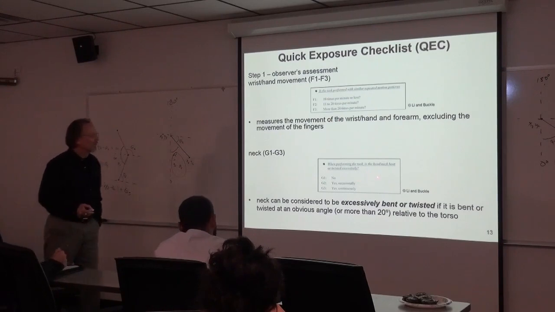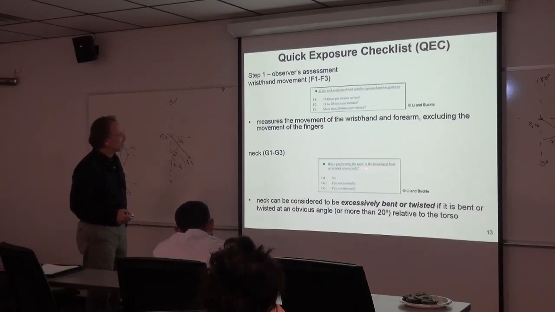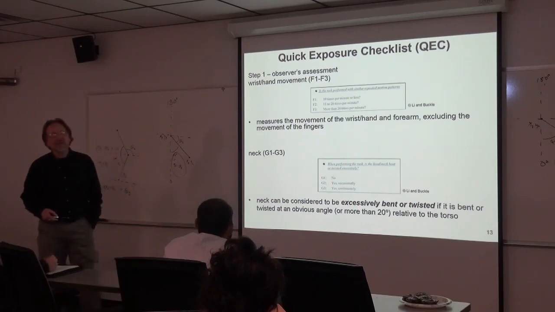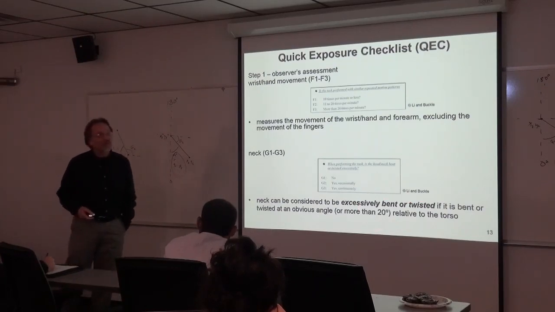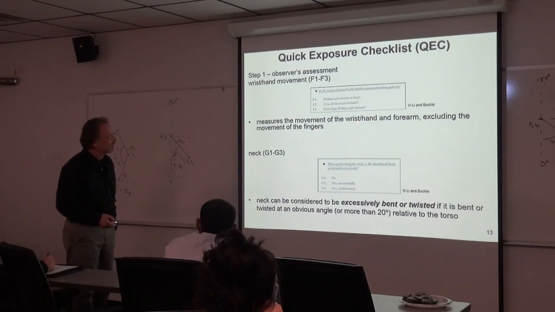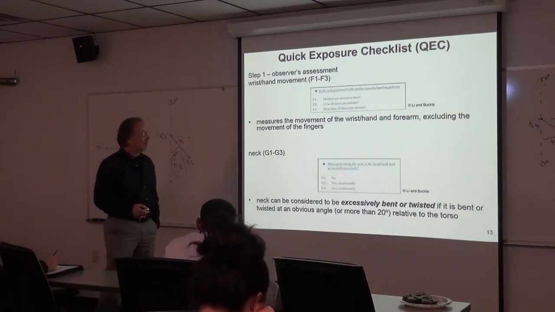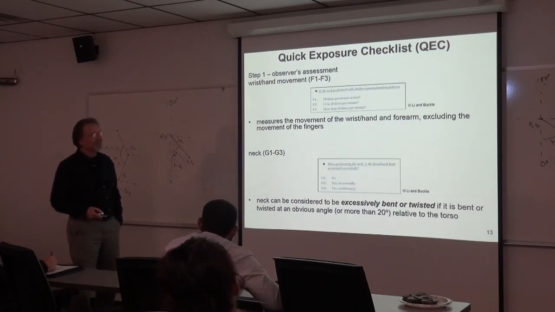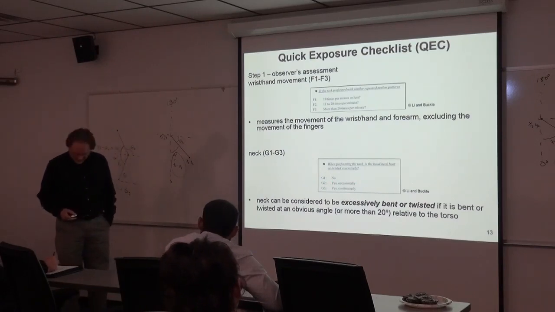Neck, performing the task is the neck bent or twisted excessively. Okay? Now the rule of thumb is 20 degrees. Usually we're not doing this from a video and motion capture information or data, so you have to call whether or not it's occasional or a continuous deviation to the side or to the front.